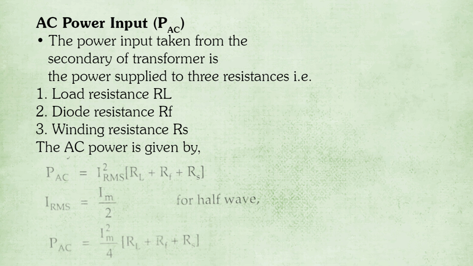So, efficiency is equal to DC output power divided by AC input power, that is PDC divided by PAC. On putting the values of the DC output power and the AC input power, which we have already calculated, the efficiency on solving will be equal to 0.406 divided by 1 plus RF plus RS divided by RL.